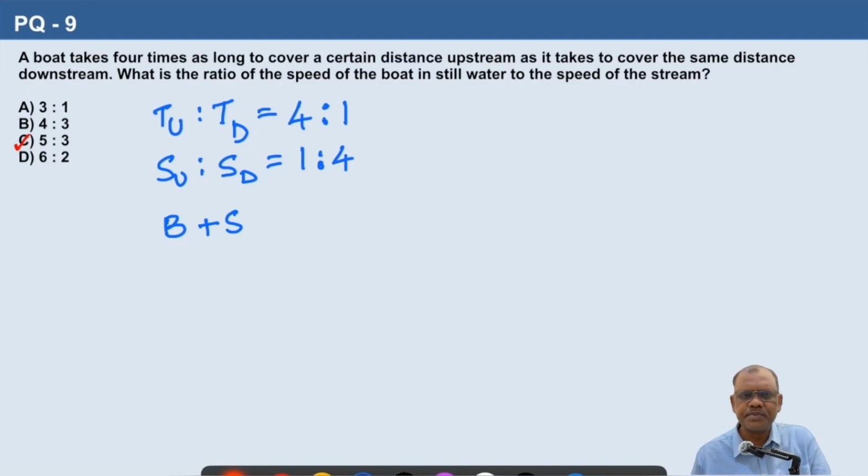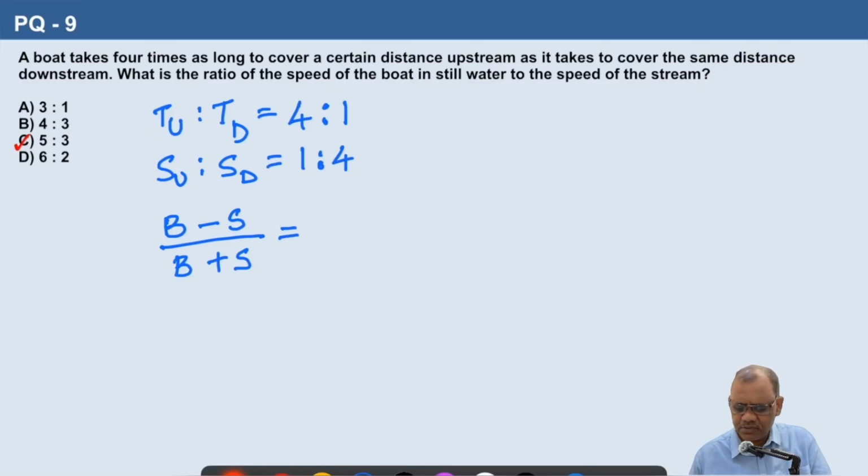Let us assume the speed of the boat in still water as B, and the speed of the stream as S. If you subtract, you will get the upstream speed, B minus S. Similarly, if you add the speed of the boat in still water plus the speed of the stream, you will get the downstream speed.